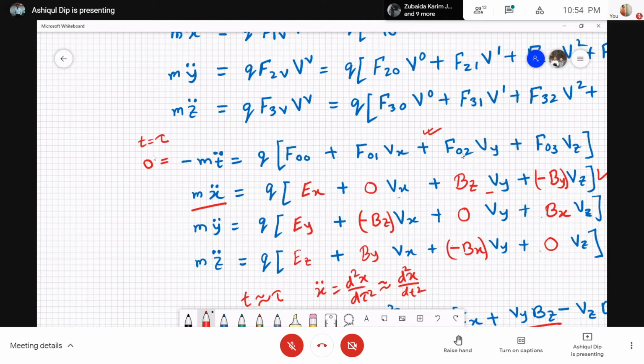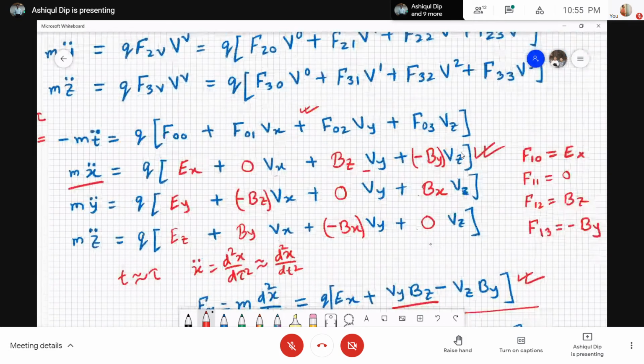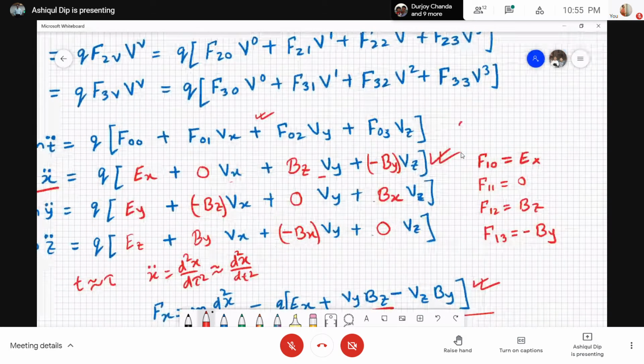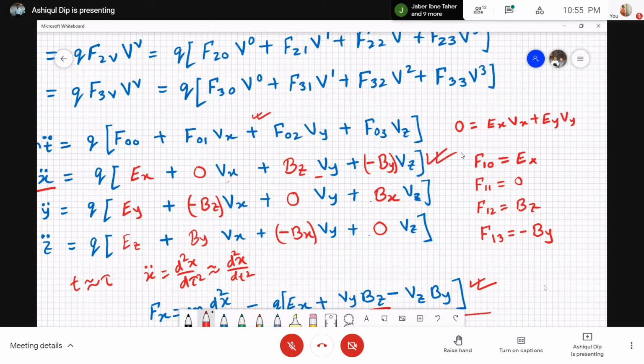Remember, in general, it's not, and we can actually prove that for when the second order derivative is non-zero as well. But I'm actually trying to simplify. So the corresponding equation we have here is 0 equals to E dot V, which is Ex Vx plus Ey Vy plus Ez Vz, right?